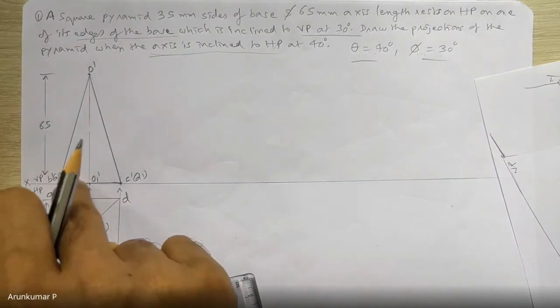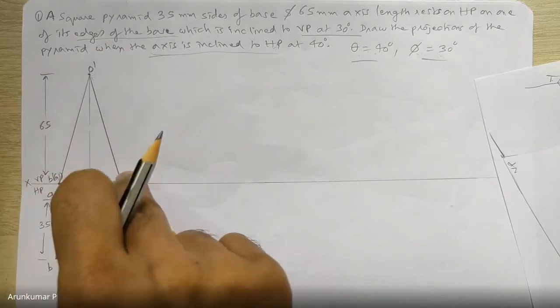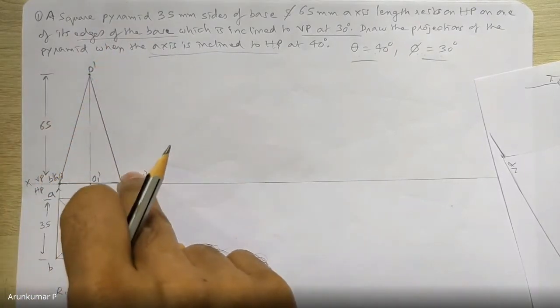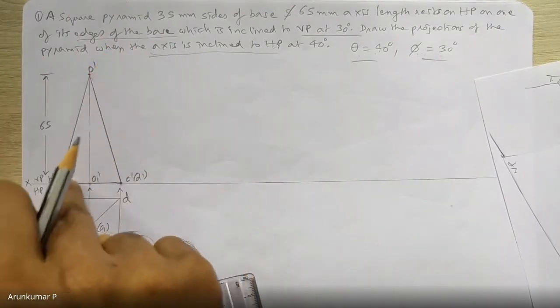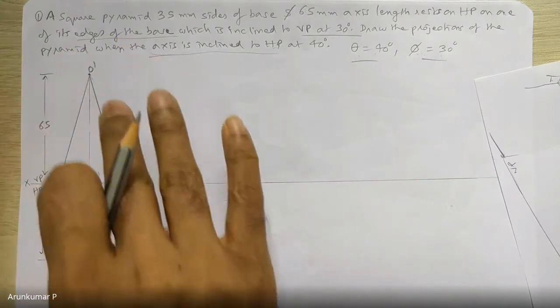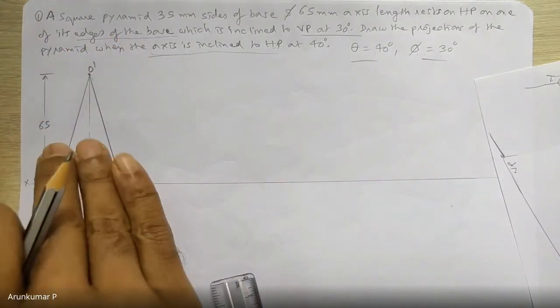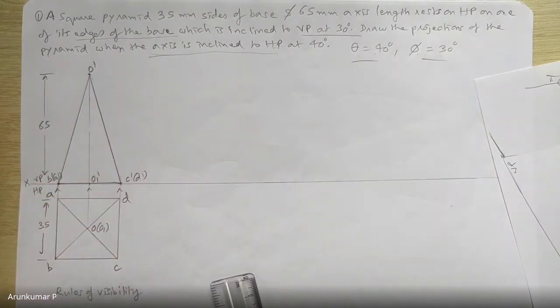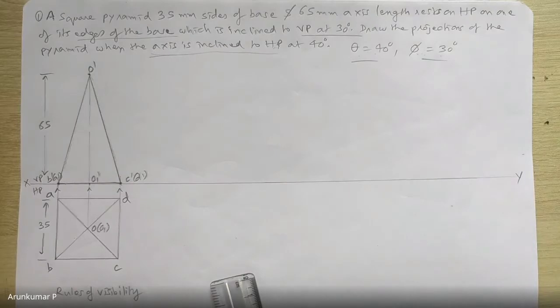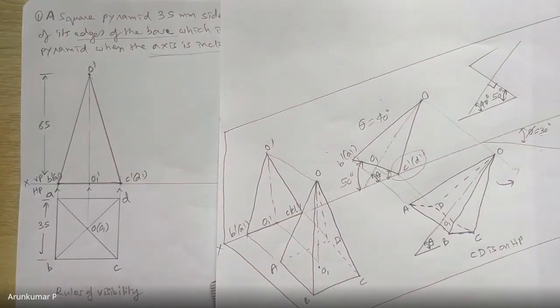So join the outermost exterior points by solid straight lines. So if you join these 3 points, 1, 2 and 3, by these 3 lines, this is the outer boundary of the front view of this pyramid. Same as what we got here.